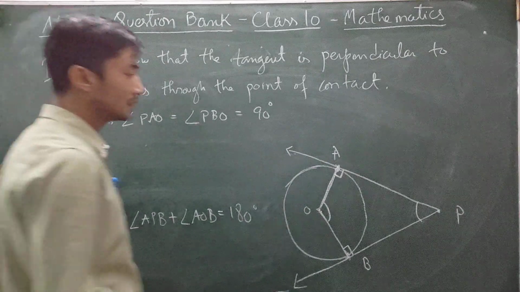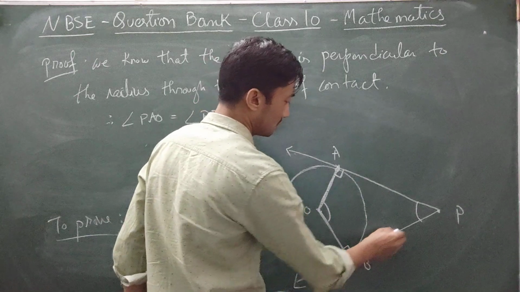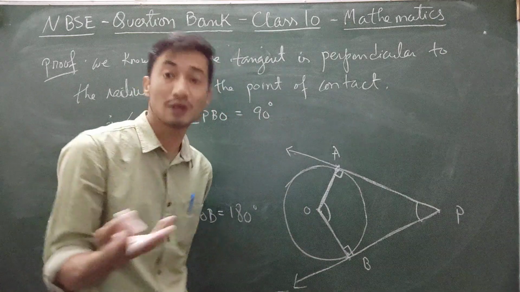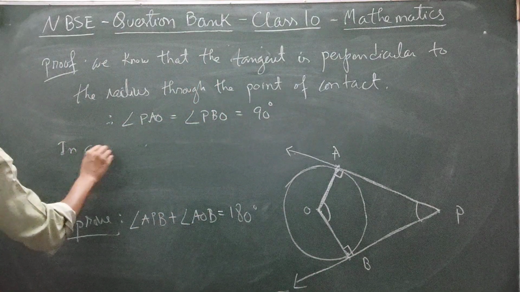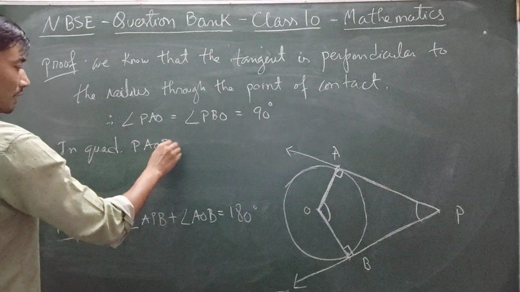Now you see, what is this figure? It has how many sides? 1, 2, 3, 4. So it has 4 sides, which means a quadrilateral, PAOB.